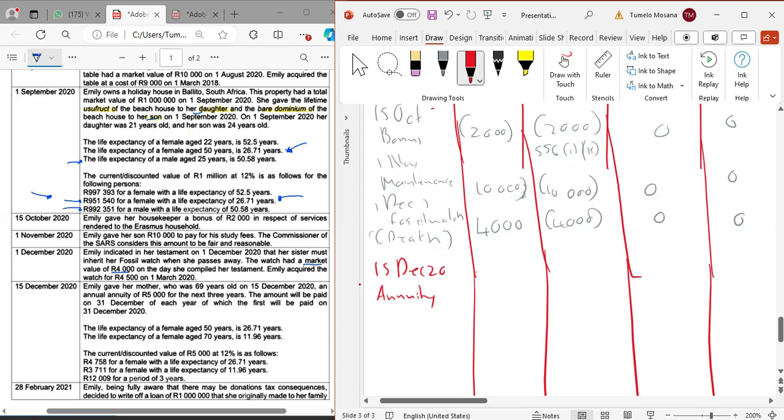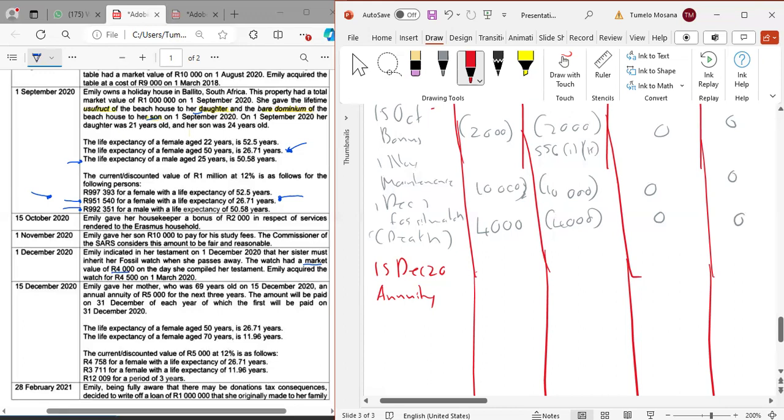So it's the 5,000, not the 69 years old. So, is it 5,000 less the 3,711? Okay. Now remember, we have to choose the lowest of the life expectancy or the period in use.